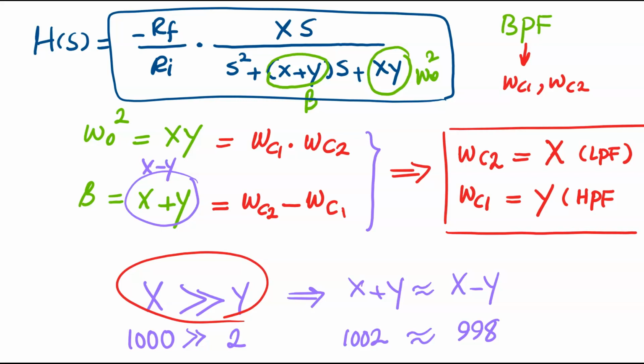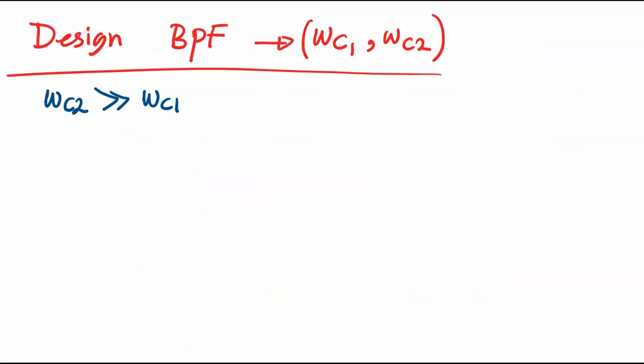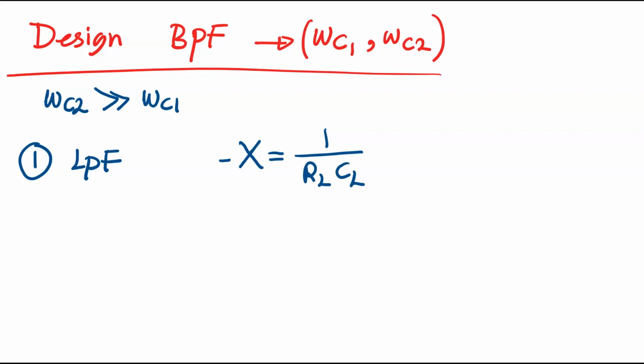But here I want to show you how you can design your bandpass filter if your given cutoff frequencies are widely separated. In this scenario, you can design each circuit separately. So first, I'm going to focus on my low pass filter. I know that the cutoff frequency of my low pass filter, which is X, that's equal to 1 over RL multiplied by CL, should be equal to the higher cutoff frequency, omega C2.